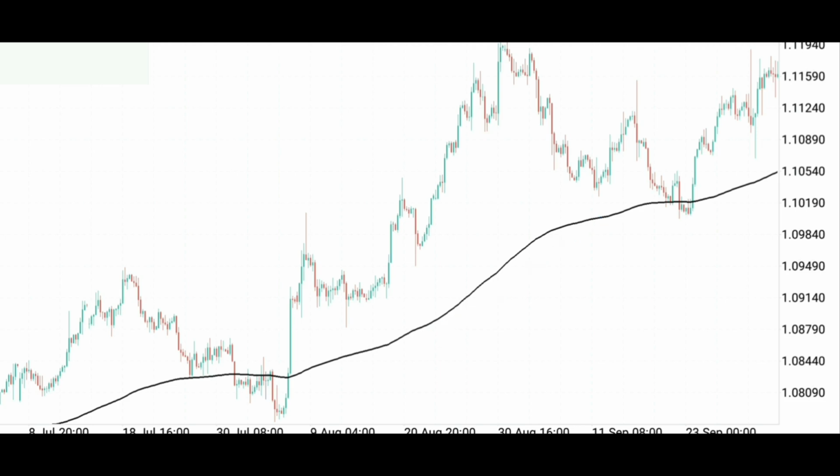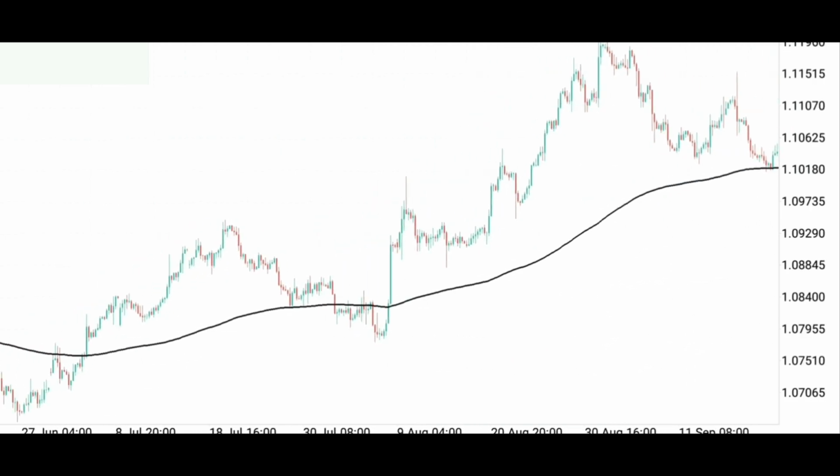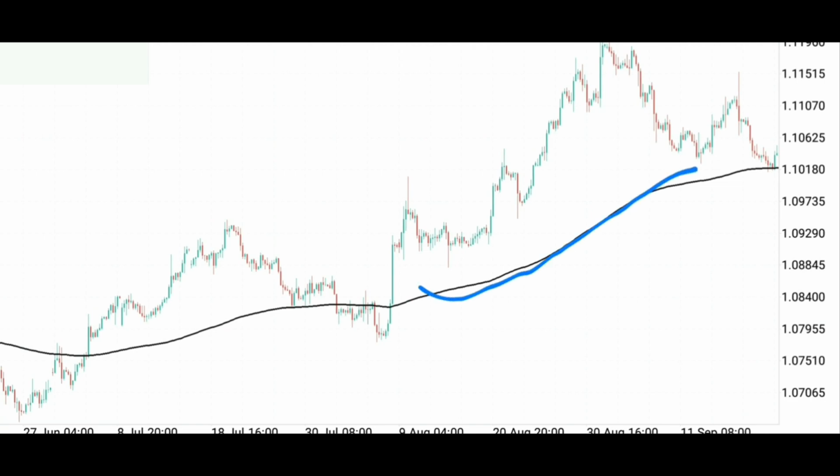So now, as you can see, the moving average is sloping upward and the price is above the moving average, which shows uptrend. So now all you have to look for is buying opportunities because this is an uptrend. This moving average is simply showing us that the market is trending up.